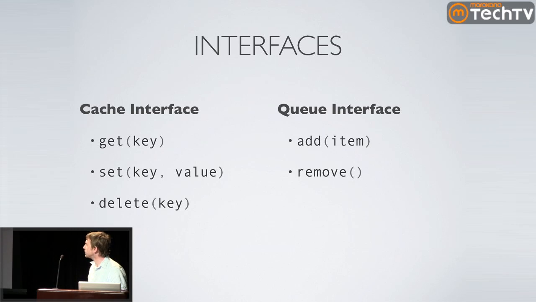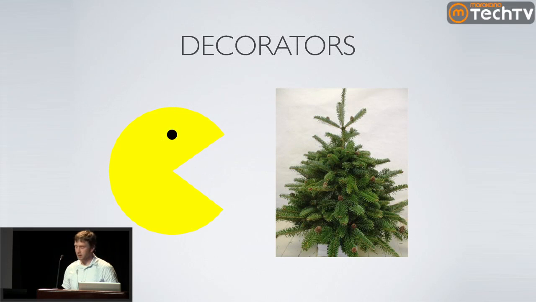So just a little introduction to what a decorator is. We've got something quite plain here. It's a Christmas tree. It doesn't have any decoration on it. It's analogous to our original jQuery get or getJSON function. So we can then bring in our decorator.